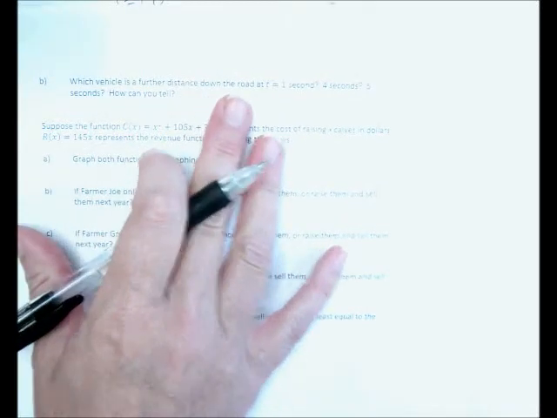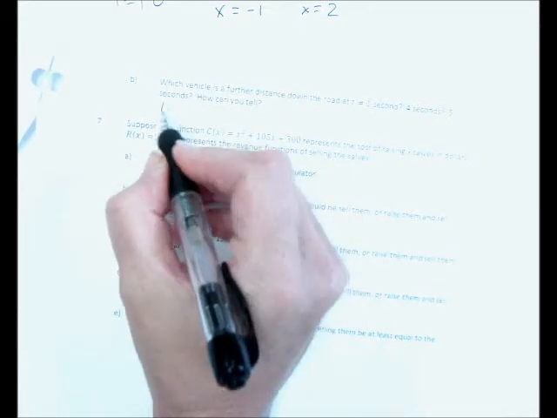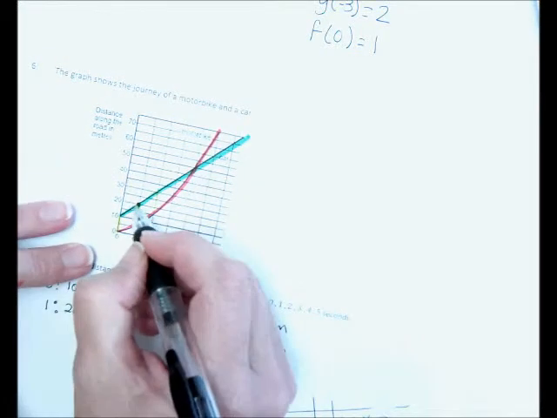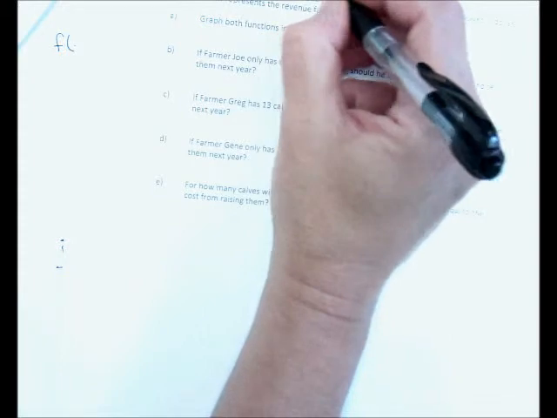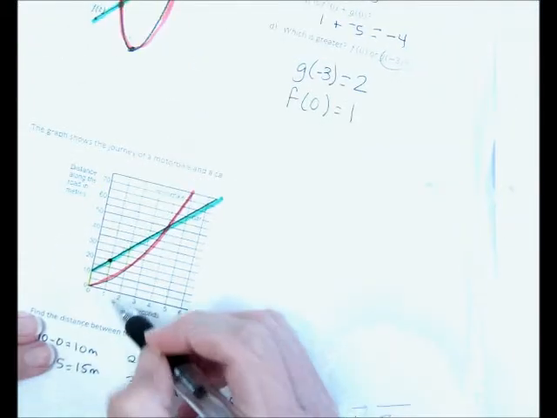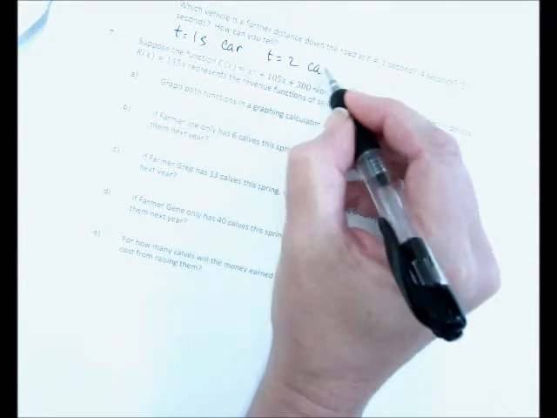Now, part B of this asks which vehicle is a further distance down the road at t is equal to 1 second, t is equal to 4 seconds, and t is equal to 5 seconds. So at t is equal to 1 second, it appears that the green car, so the car, is going to be further down the road. At t is equal to 2 seconds, it appears again that the car is further down the road.